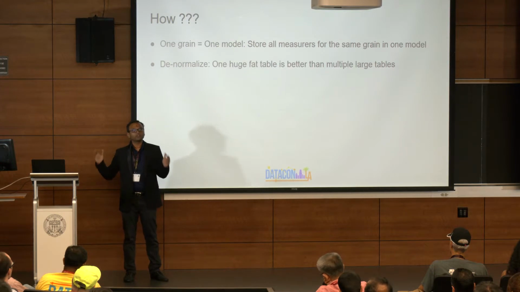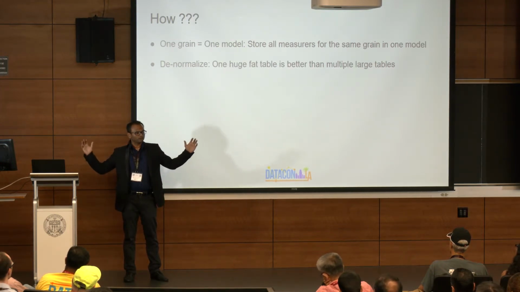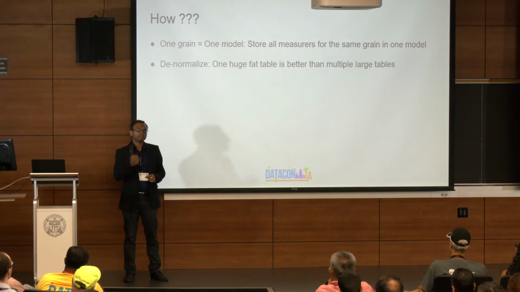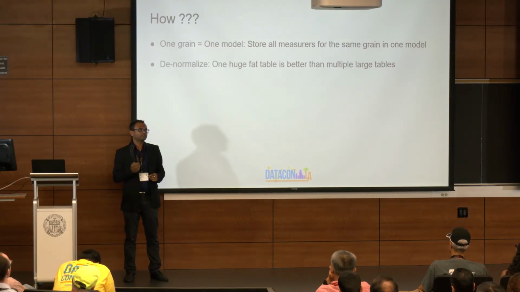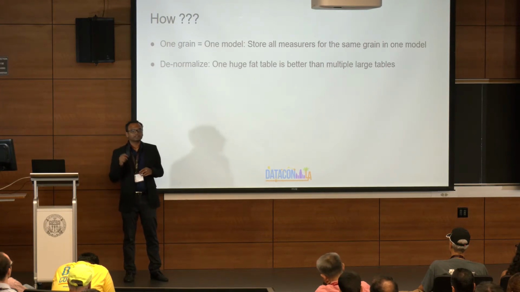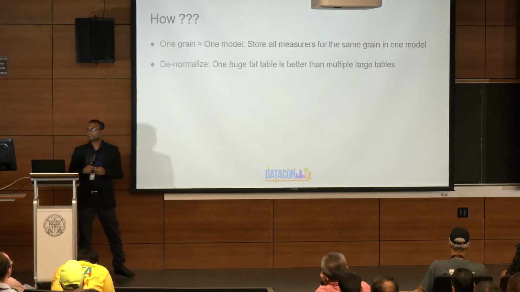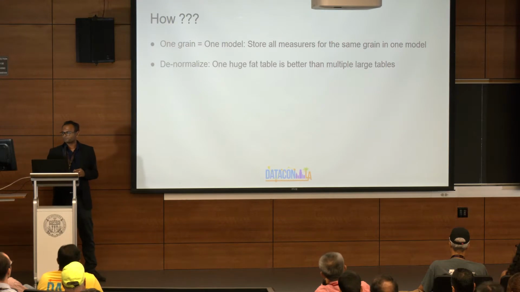In Hadoop, they're pretty big. So even if the record is pretty wide, you can still read it in one block. 128 megabytes is pretty large; it can contain a lot of information. Even though you have multiple metrics in one table, it can still handle that. So denormalize whenever it is possible.